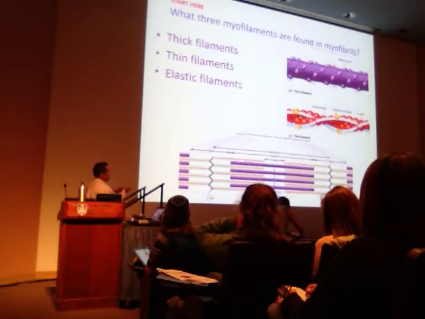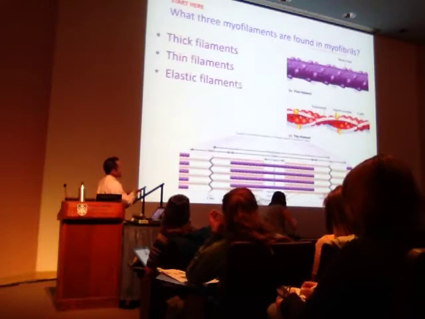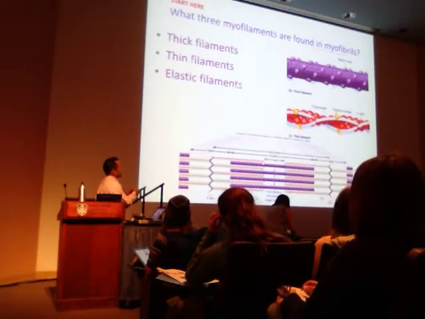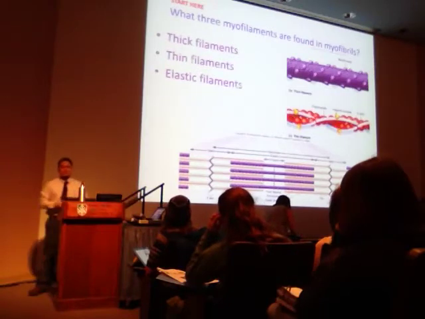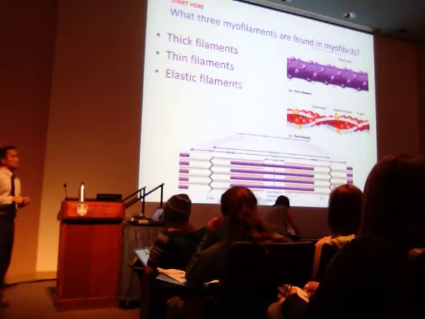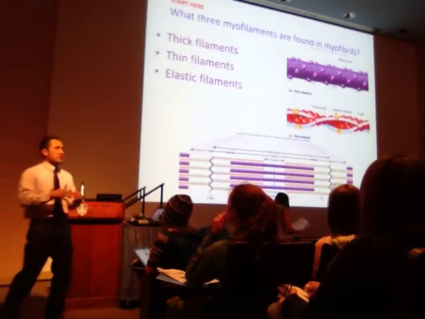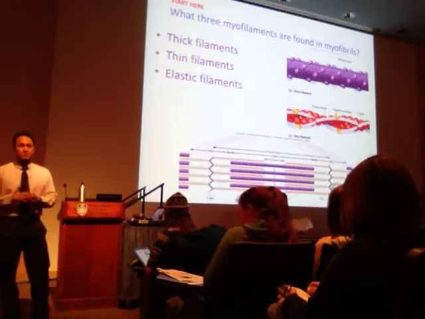But if you look here where this drawing is to scale, you can appreciate that this reddish-orange filamentous protein, blown up as shown here, is a fraction of the thickness of the thick filament. That thick filament is mostly composed of a protein known as myosin. For our purposes, we're going to say that it is only myosin.